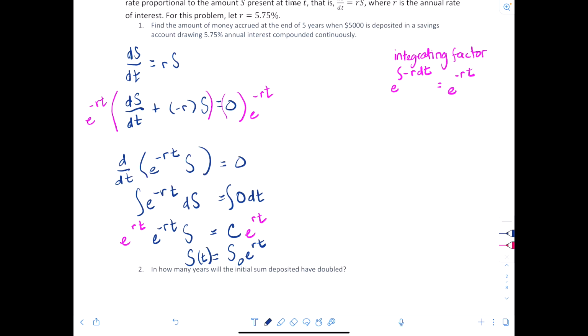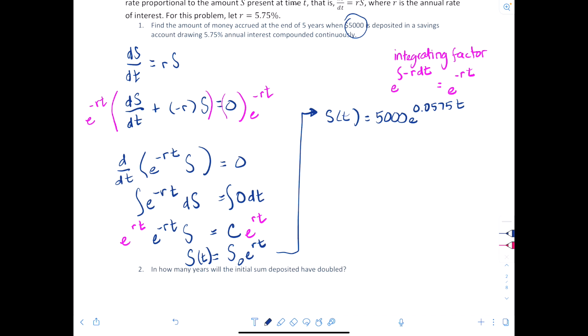So continuing to get our general model, s at t equals, so let's plug in what we know. We know that $5,000 is our initial amount, so we can plug that in for S0. And then we also know our rate, which was 0.0575 times t. So that is the model that we'll use.